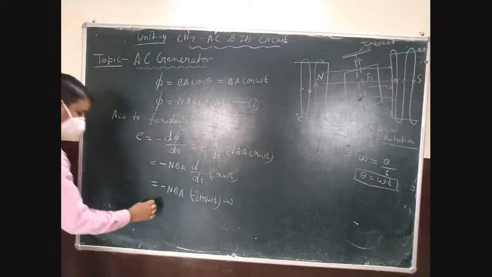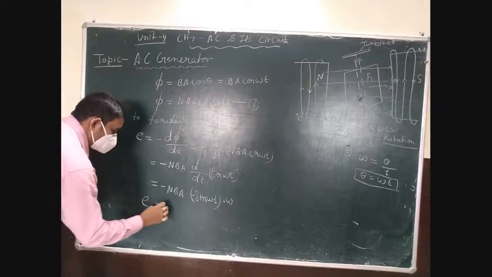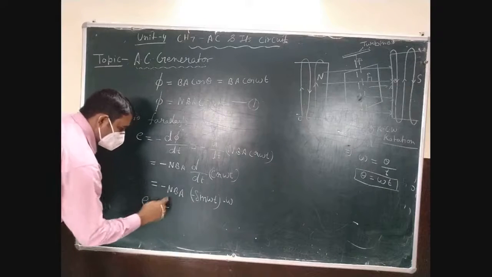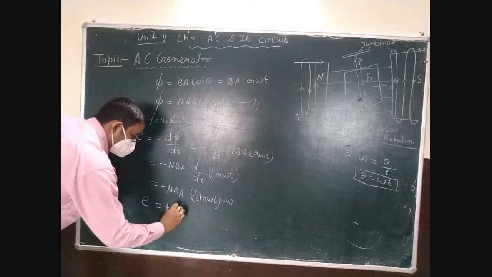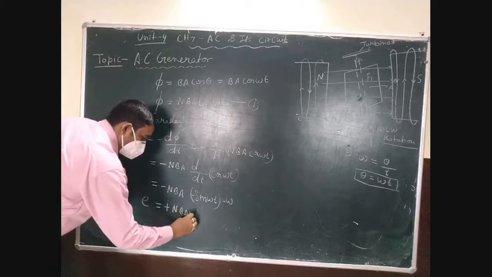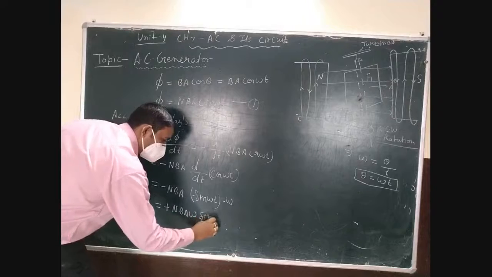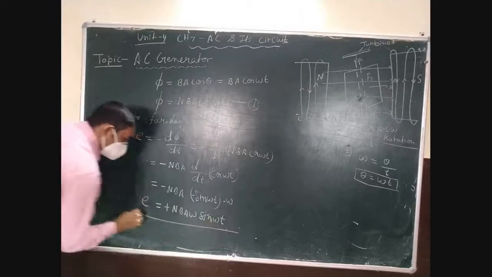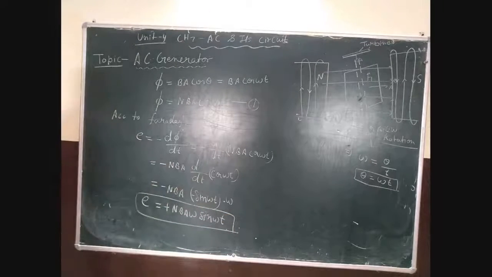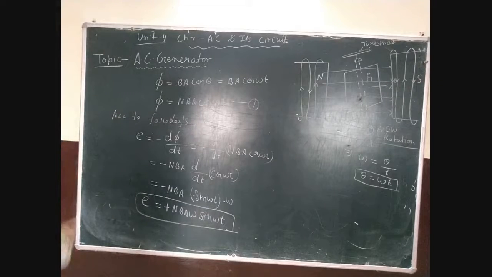Clear? Then it will be E is equal to minus, minus NBA omega sin omega t. This is the equation of the EMF induced in the coil.